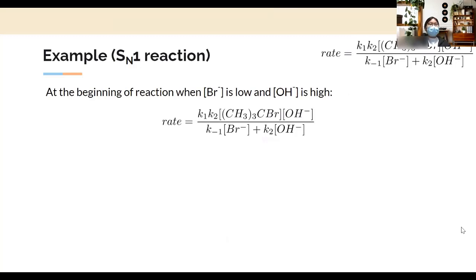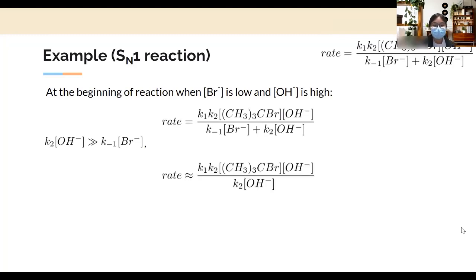So now let's consider a few scenarios. At the beginning of the reaction, our concentration of bromide is low and that of hydroxide is high. So let's again reference this equation that we got from steady-state approximation. Since, as stated earlier, concentration of bromide is low and that of hydroxide is high, we can treat K minus 1 times concentration of Br minus as being negligible relative to K2 times concentration of hydroxide ions.